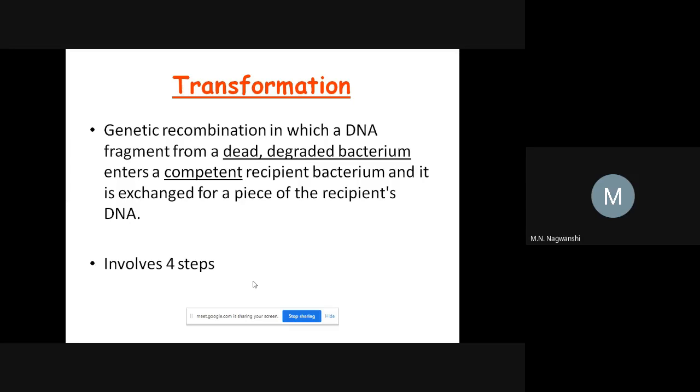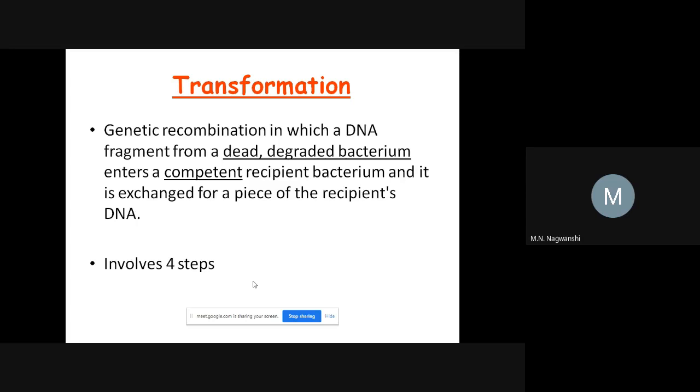The bacteria which receives the foreign DNA is called the competent recipient bacterium. And when you add the foreign DNA fragment into the recipient bacterium, some piece of the recipient bacteria's DNA is exchanged.